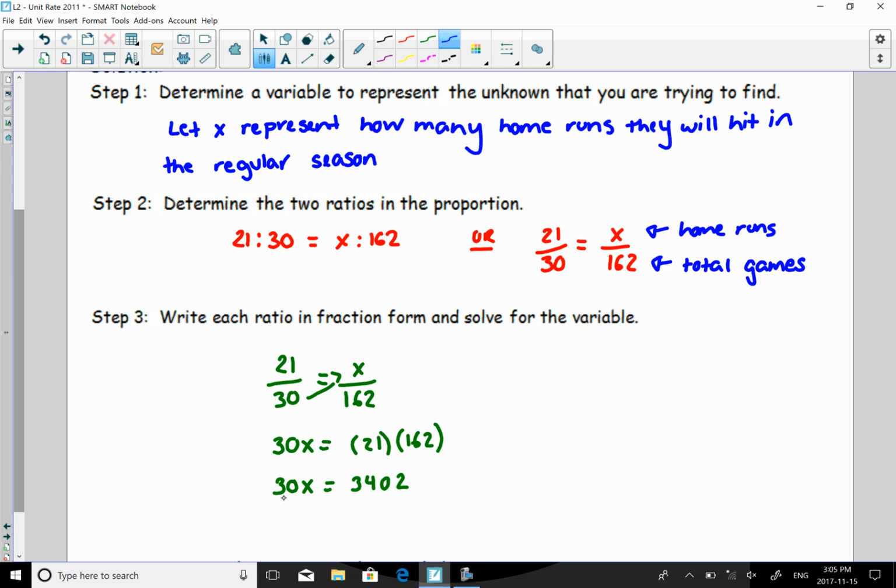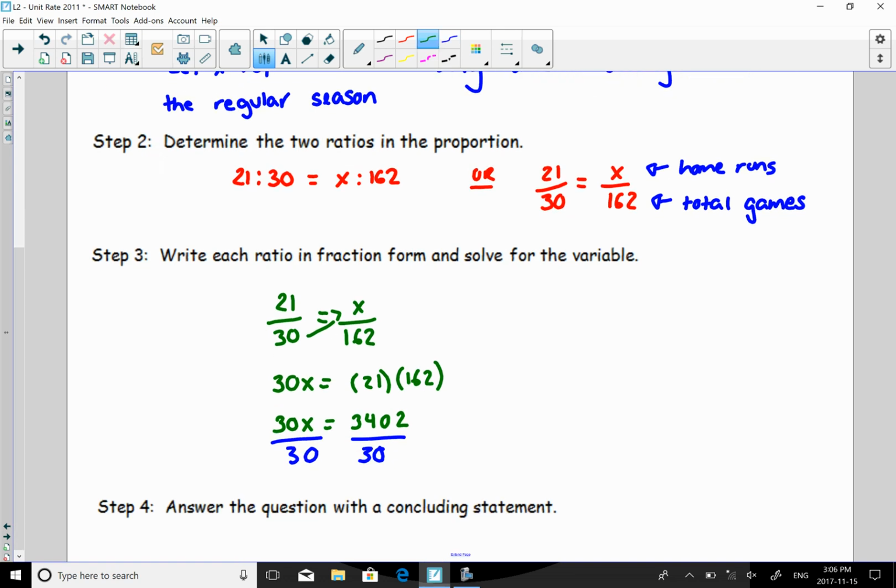And then the last step is divide by 30 to isolate x. So x equals 113.4.